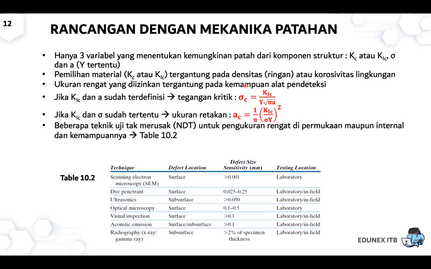If you operate above this critical stress, of course there would be a failure, there would be a fracture. But if you put the load around the equipment much lower than the critical stress, then you're gonna be fine. So it's all about the length of the crack and also the critical stress.